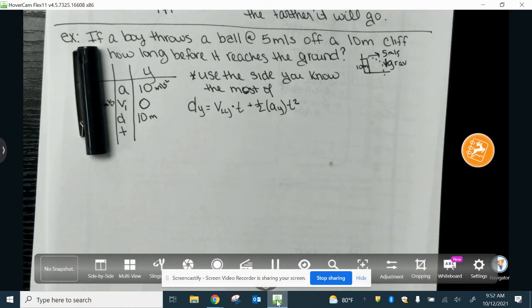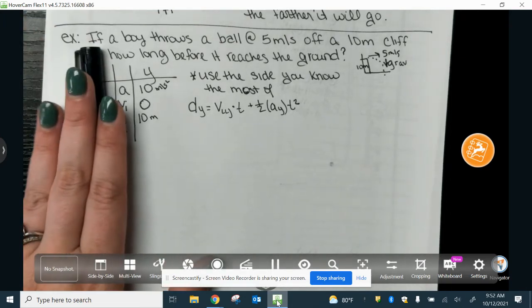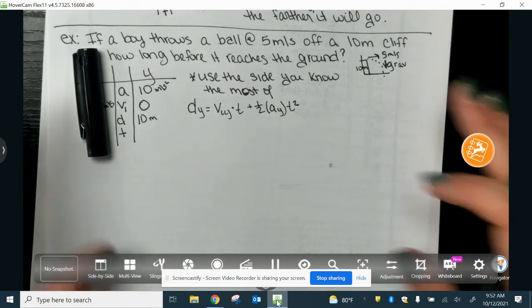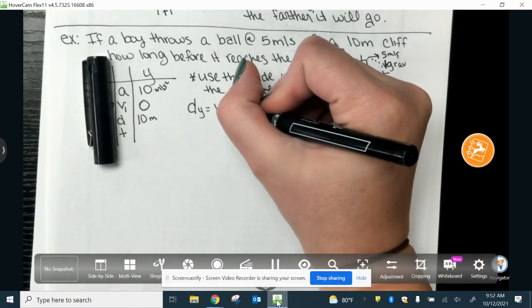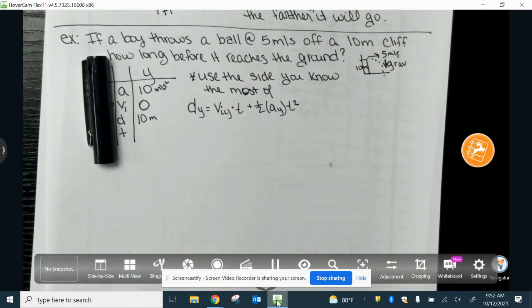All I'm doing is making sure I'm putting things in my y direction. That's why I'm having my x covered up, because I do not want my x stuff. After dy equals, that's Viy, initial velocity in the y direction, times time plus 1/2 a in the y direction times t squared.